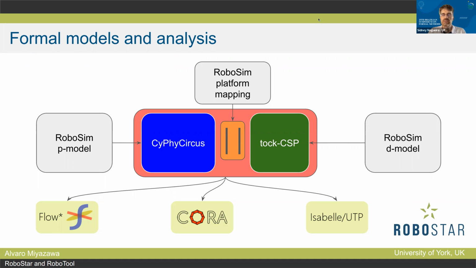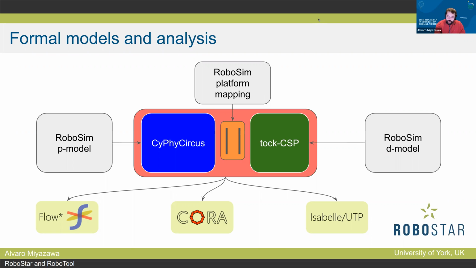My question is, if somebody who is seeing the tutorial wants to use this framework, this tool, do they need to use everything, or is it possible to use only one kind of model? And if you use just one, is it possible to create a RoboSim model instead of first creating a RoboChart? Can you talk about that?